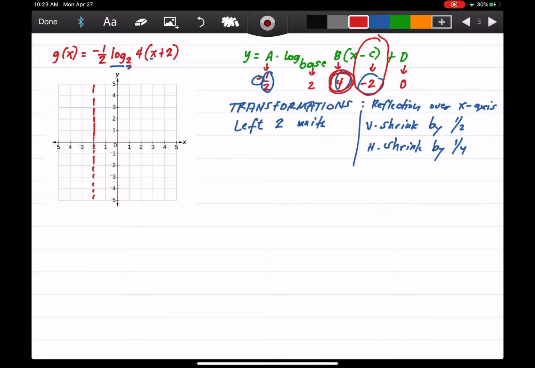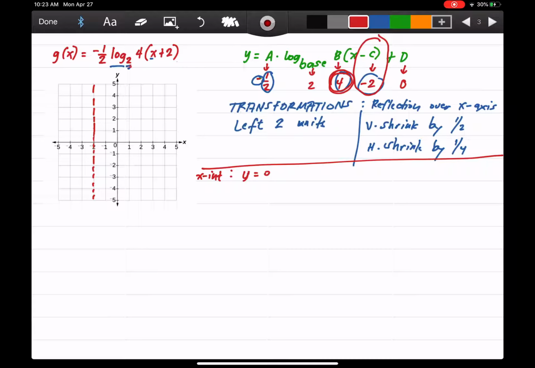So first, let us try to find the value of our x-intercept. In finding the x-intercept, we just let y be equal to 0, or simply g of x equals 0.